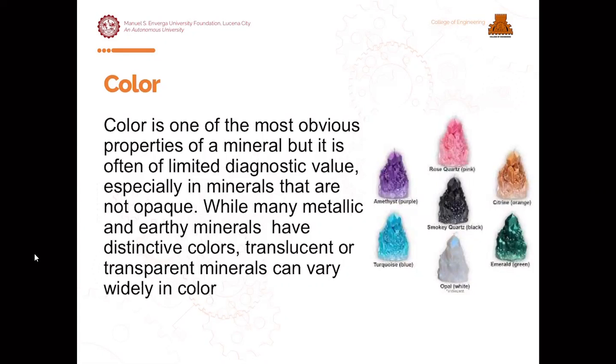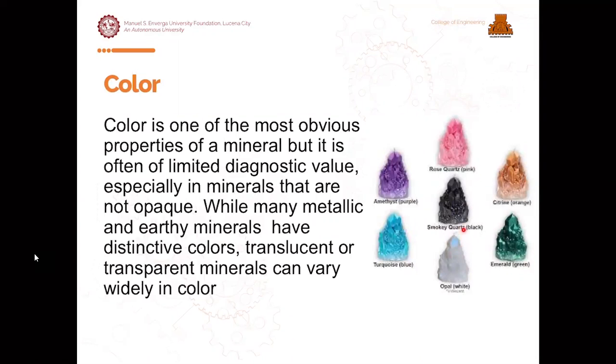So like for example, tingnan natin itong nasa right side. So itong right side is an example of different colors of quartz. Okay? So nagva-vary siya from colorless o yung transparent na kulay hanggang yellow to gray, tapos may pink to black. Okay? So madali siyang na-classify base dun sa mga colors niya.